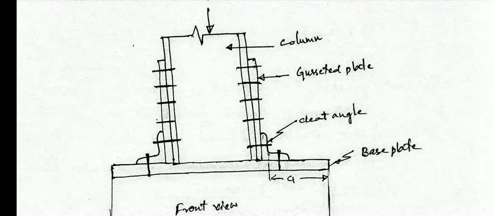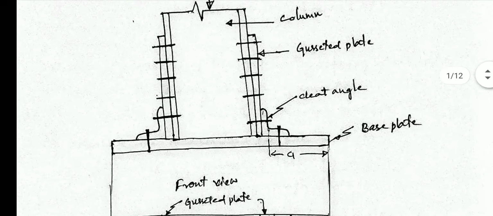Next is the gusset angle, which in the diagram can also be called the cleat angle, but when designing we say gusset angle. Then the base plate. These three things we have to design: the base plate, the gusset angle or cleat angle, and the gusset plate.